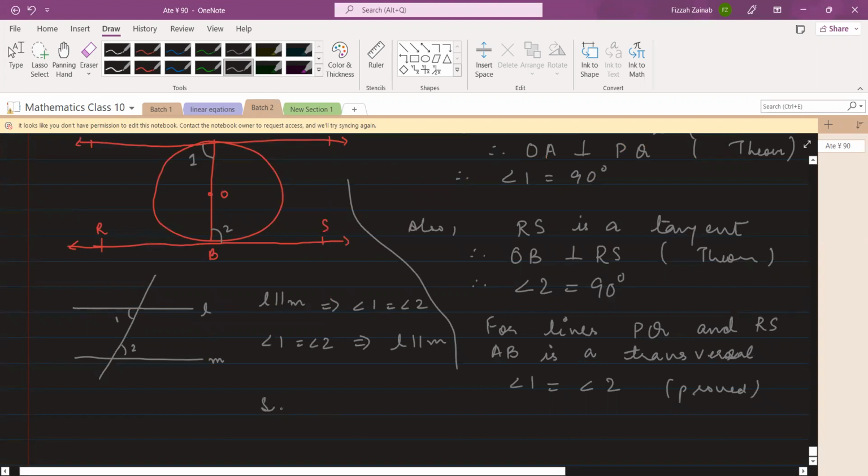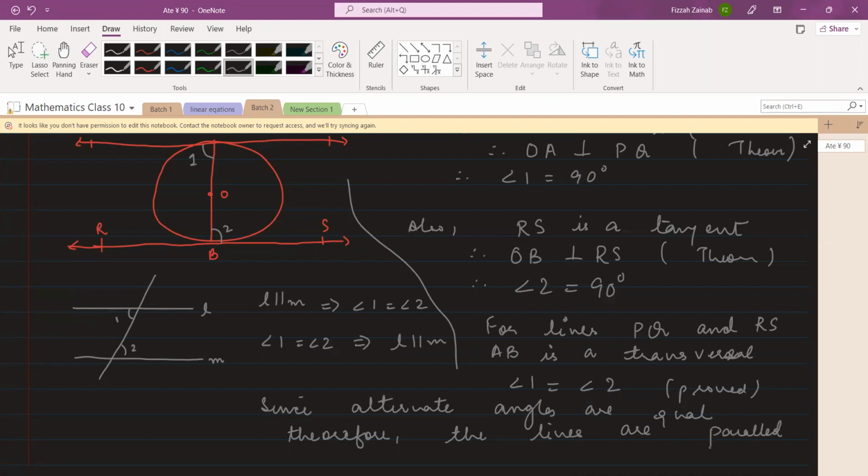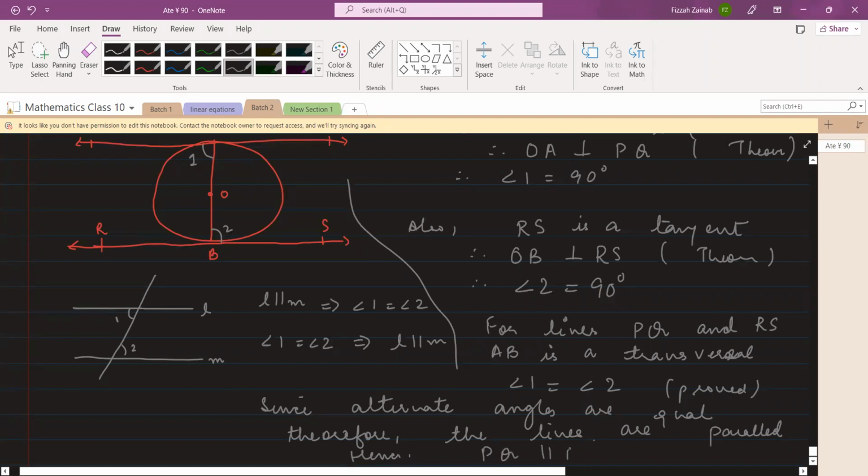So since alternate interior angles are equal, therefore the lines are parallel, right? The lines PQ and RS are parallel. Hence, you can say PQ is parallel to RS.